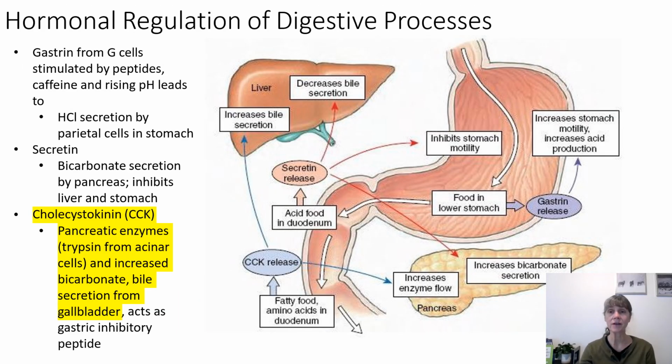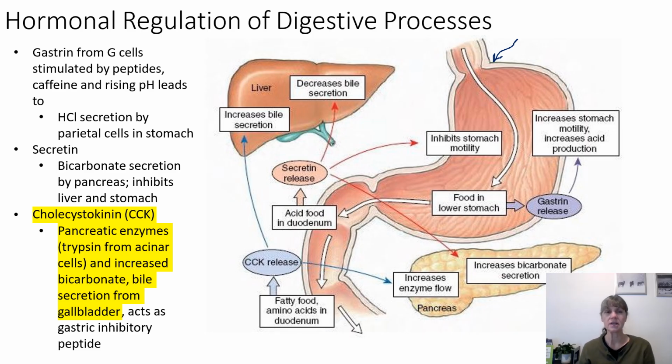As the bolus of food travels down the esophagus, it will pass through the esophageal sphincter into the stomach and land in the lower portion of the stomach. As the pepsin enzyme and the hydrochloric acid work to break apart proteins, the rising level of peptides released from the proteins or caffeine that may have been ingested, as well as rising levels of pH, will stimulate G cells in the stomach to release a hormone known as gastrin.